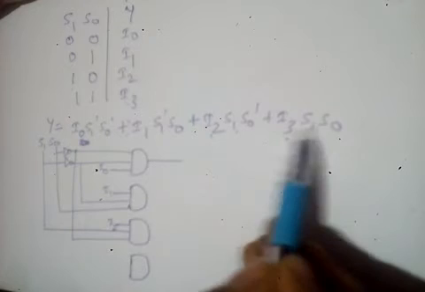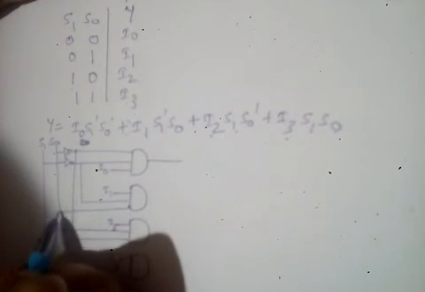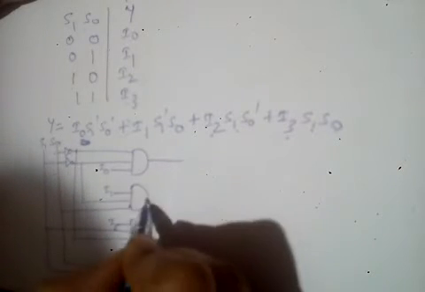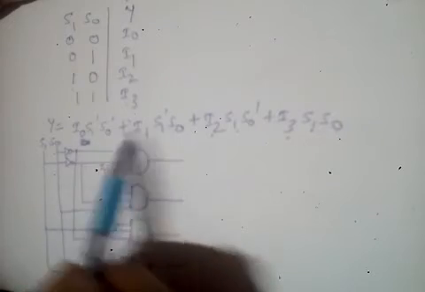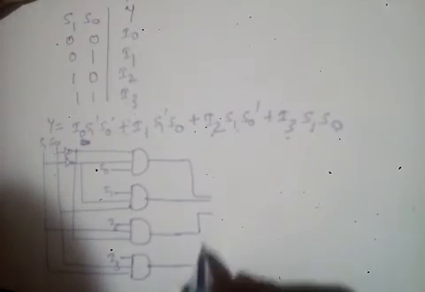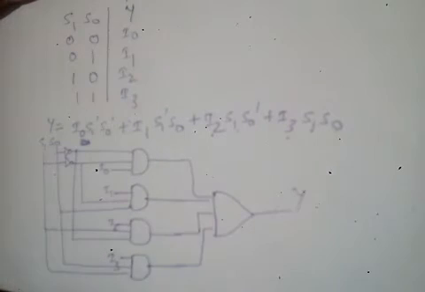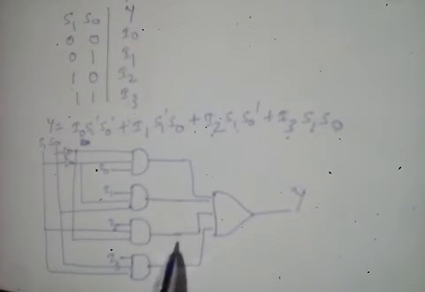Fourth one is I3 S1 S0. So I3 S1 and S0. And these outputs will be connected to OR gate to add all these outputs. This is the output Y. So this is the logic circuit diagram for 4x1 multiplexer.